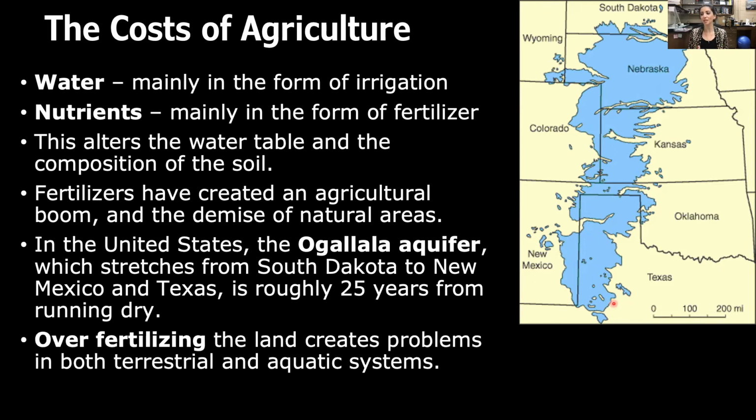And over fertilizing the land creates problems, both in the terrestrial ecosystems, but also in aquatic ecosystems through a process called eutrophication, which we'll talk about in later lectures. But this is when the fertilizer that's used on land runs off into water bodies, including coastal areas.